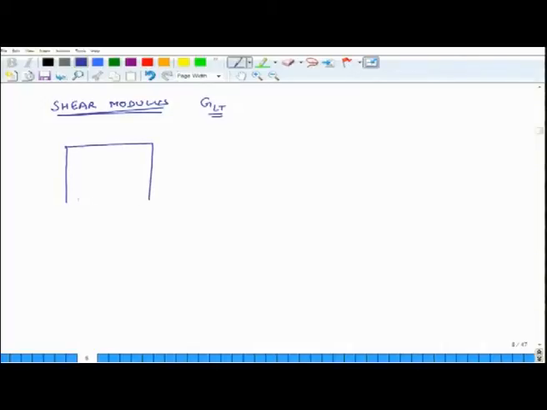Suppose this is a homogeneous isotropic material, let us say for instance steel or glass or anything, and if I have to compute its shear modulus, what do I do? I apply on it some shear stresses. So, I apply tau, and remember, this is isotropic material.